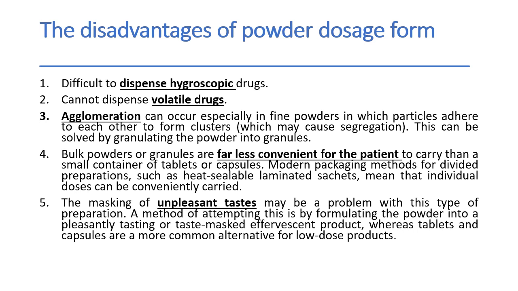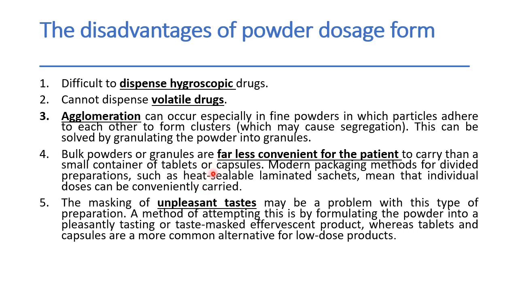Powder dosage form has a number of disadvantages. This includes the difficulty to dispense hygroscopic and volatile medicine. The other disadvantage is agglomeration. In agglomeration, small particles of the powder adhere to each other to form clusters, and this causes segregation. This can be solved by formulating the powder into granules.